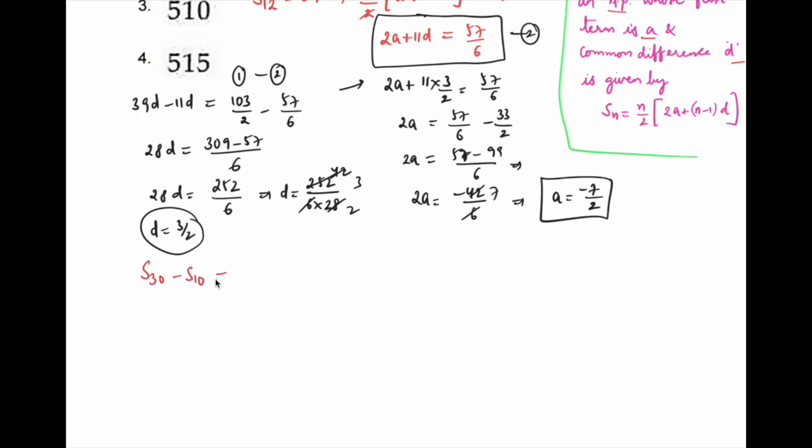S30 minus S10, which is equal to 30 by 2 times (2a plus 29d) minus 10 by 2 times (2a plus 9d).